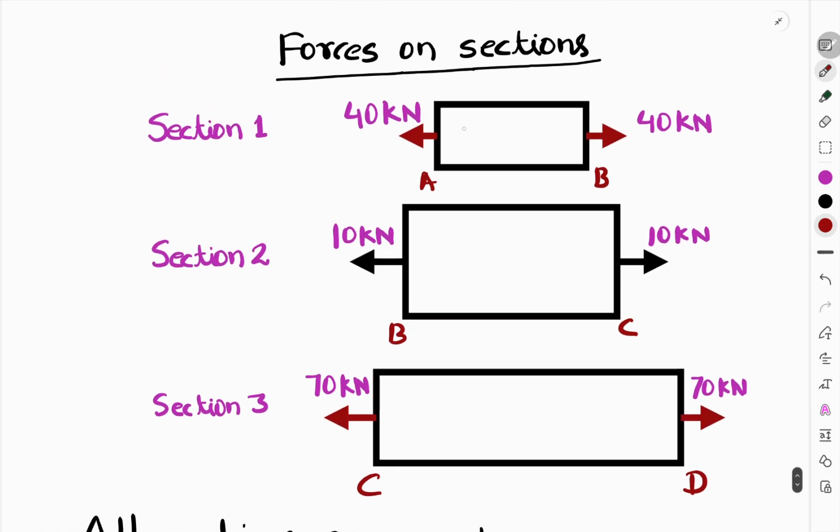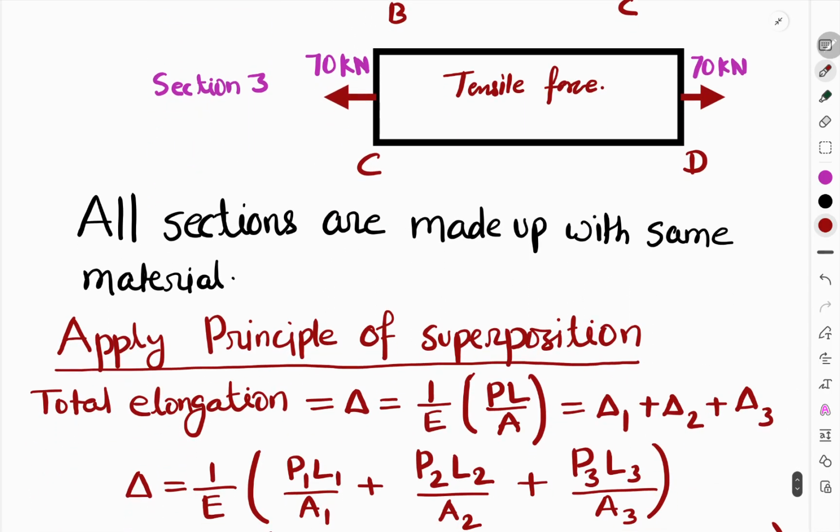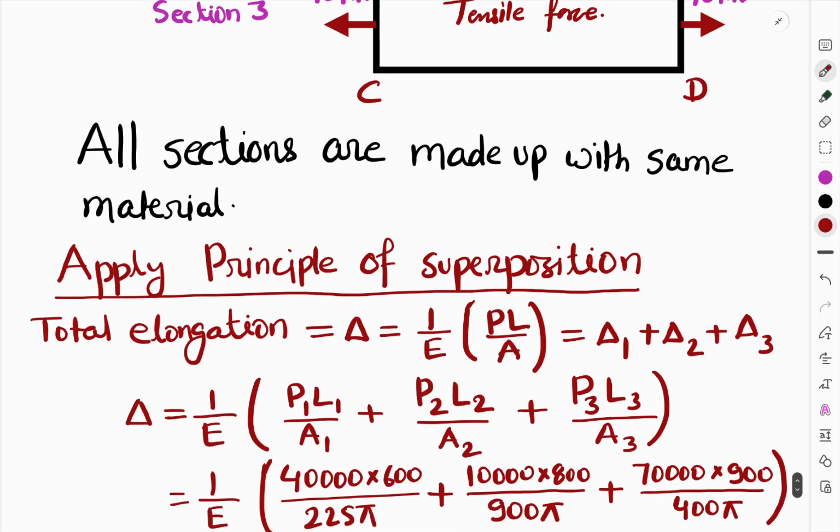So tangential force is applying here, here also, and here also. So this is done. Now all sections are made up of the same material, so the modulus of elasticity will be the same.